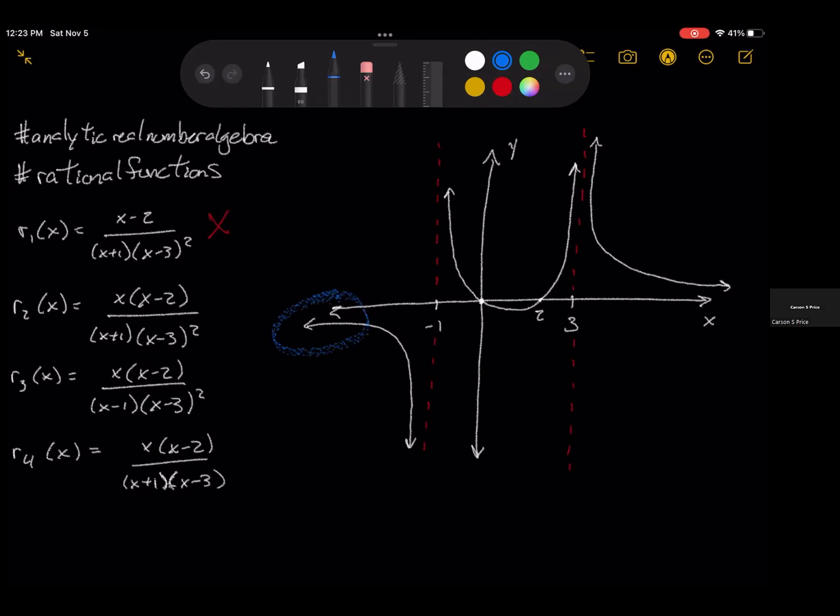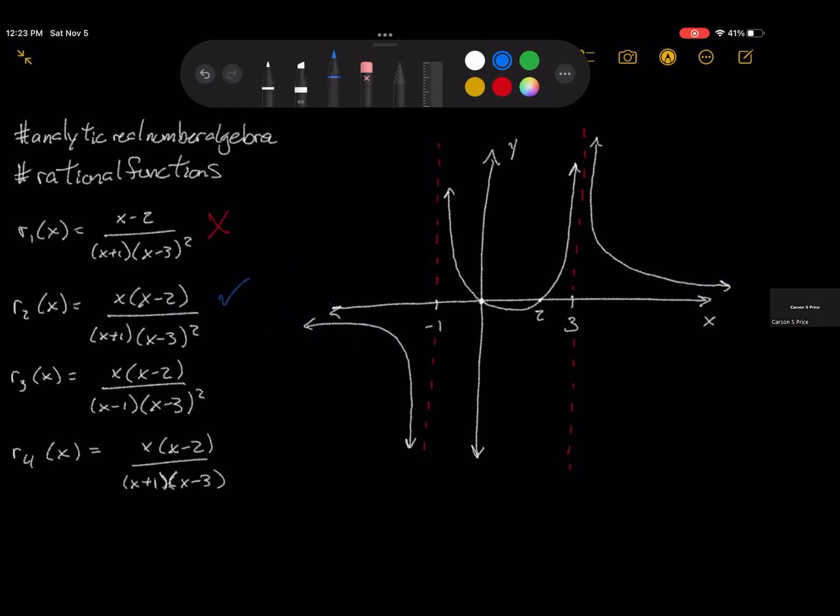As I travel infinitely towards the left, this function approaches 0, or at least that's what it looks like to me. As I approach positive infinity to the right, this function drops down towards 0. So it seems like function number 2 is our guy.